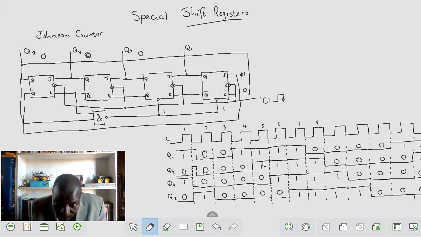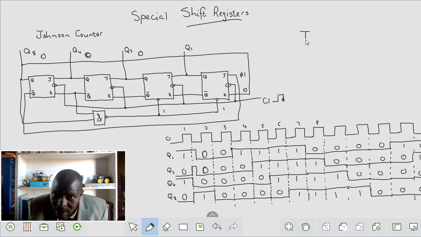What happened? We started off with zeros, it cleared this off, then started filling with ones: 1 one, 2 ones, 3 ones, 4 ones. Now it starts to fill up with zeros: 1 zero, 2 zeros, 3 zeros. So obviously this cycle will keep repeating. What does this register do?